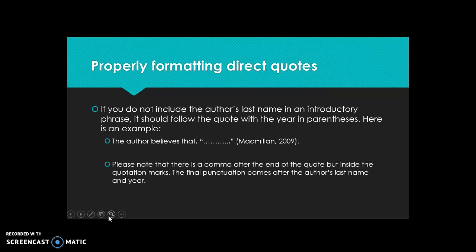And I want you guys to note that after the quote, but inside the quotation marks, there's a comma, and that your final punctuation doesn't come until after the author's last name and the year in parentheses. So make sure that if you are putting the parentheses with the in-text citation, that the period does not come until after that.